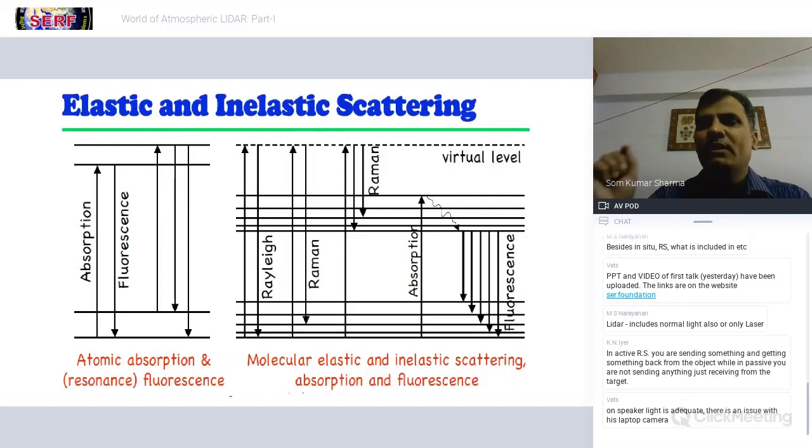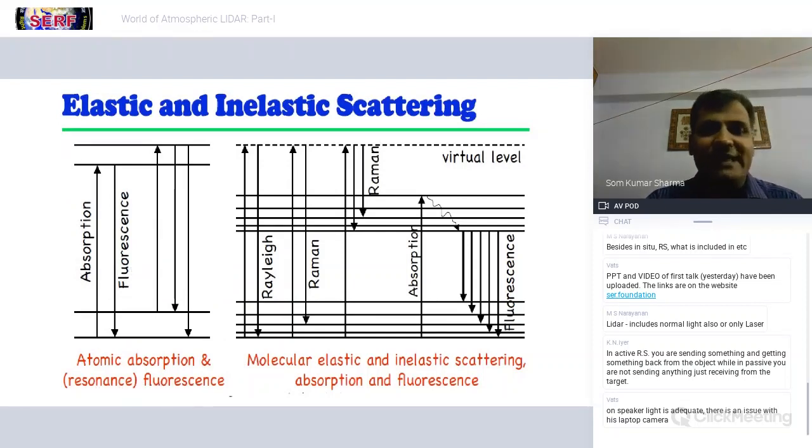An example: suppose one laser light is being pumped at 532 nanometer, and the backscattered light which is being received is again at 532 nanometer, then it is known as elastic scattering. Here, if you see the diagram on the left hand side panel, absorption, fluorescence, and all the things are there.